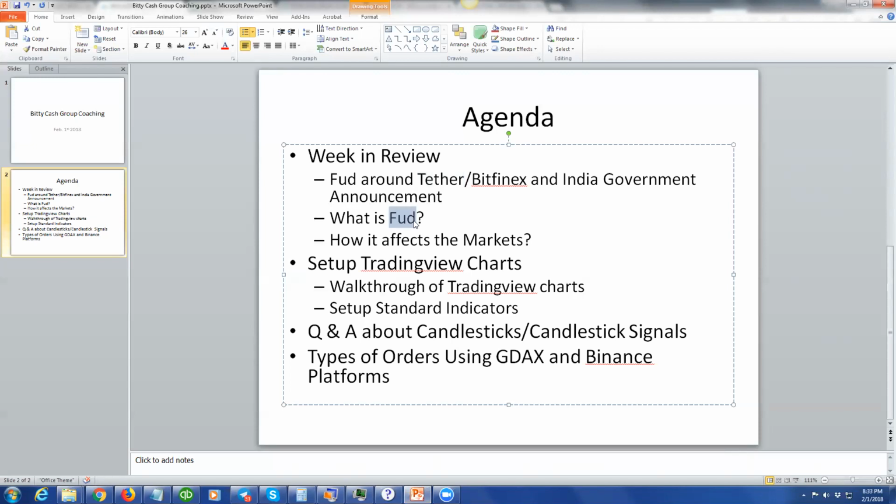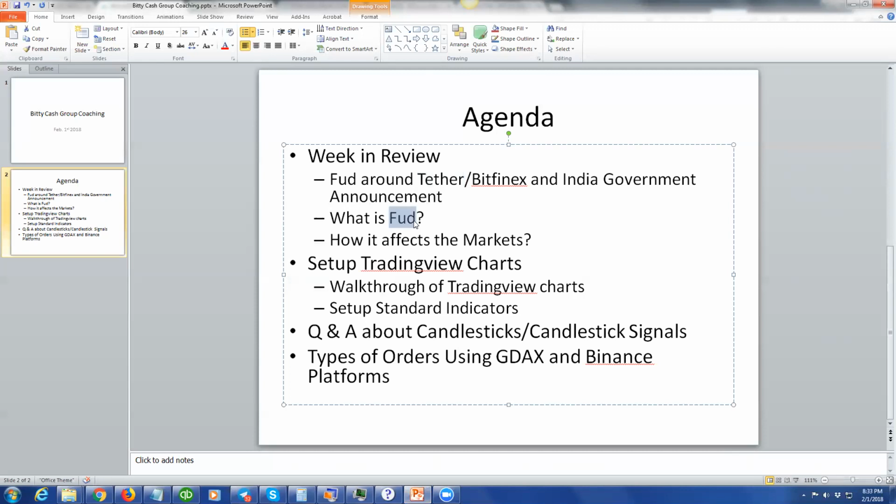That generates fear, and it generates uncertainty and doubt. And typically when that happens, people panic sell, right? So you're going to hear that term FUD, and that's what it is: fear, uncertainty, and doubt. And it affects the markets typically in a negative way, right?